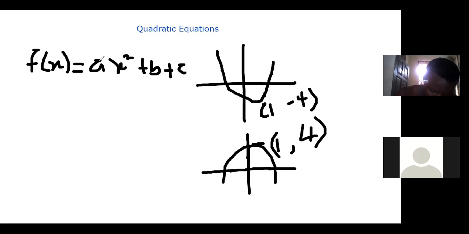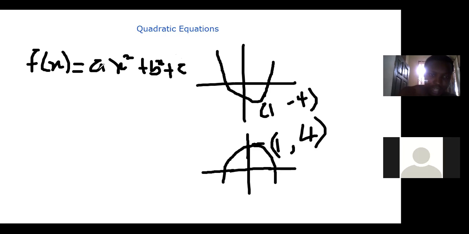So the function gives a minimum point when the coefficient a of the x squared is positive. Here, b is the coefficient of x, and c is a constant.